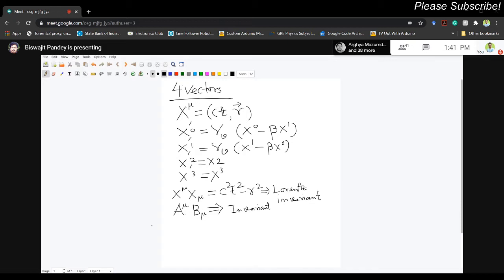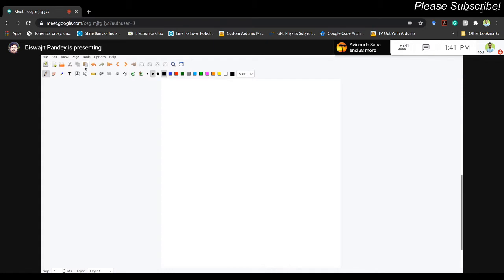Similarly, you can of course define other four-vectors which I've already defined. Let me add another page. For example, let me again rewrite the four-velocity. I just write the expression, nothing more than the expression, because other things we have already discussed. So four-velocity we define as u mu, which is dx mu d tau.